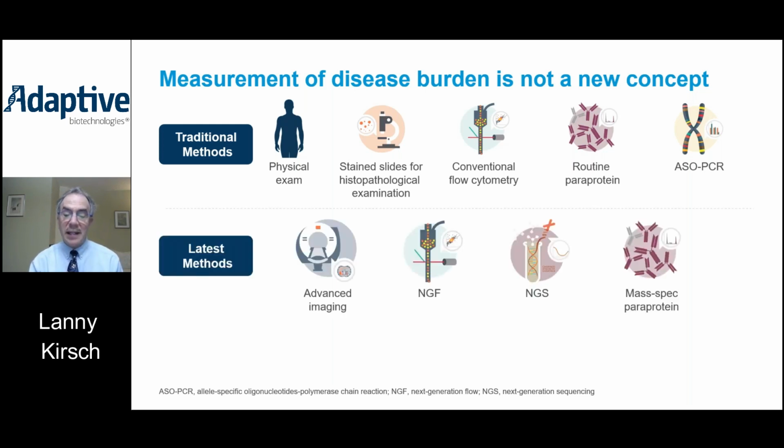Today, more refined techniques have been developed, which allow for a level of accuracy, specificity, standardization, and sensitivity that provide deeper and fuller insight into a patient's disease status. We're often asked, are such refined and sensitive techniques really necessary? Well, they may not be necessary when having to deal with intractable or incurable disease.